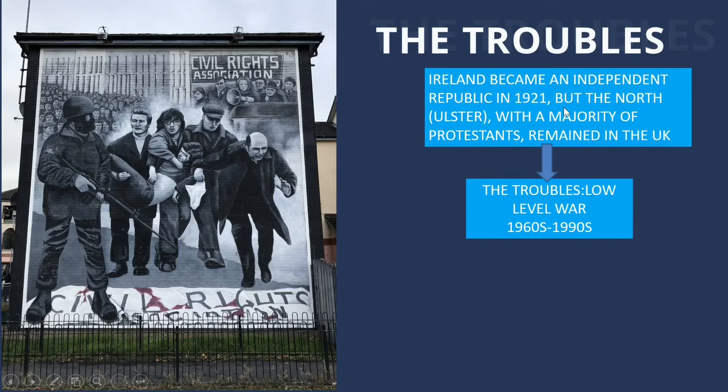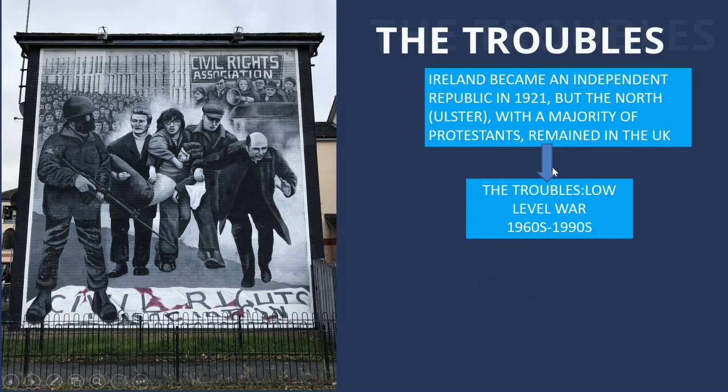And the north of Ireland, known as Ulster, had a majority of Protestant citizens who were culturally closer to the UK. So this area in Northern Ireland remained in the UK, whereas the rest of the Irish island became the Irish Republic.